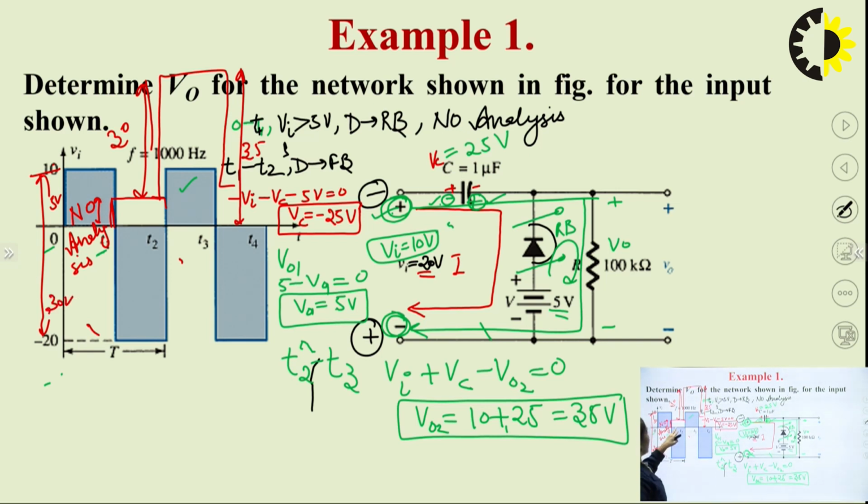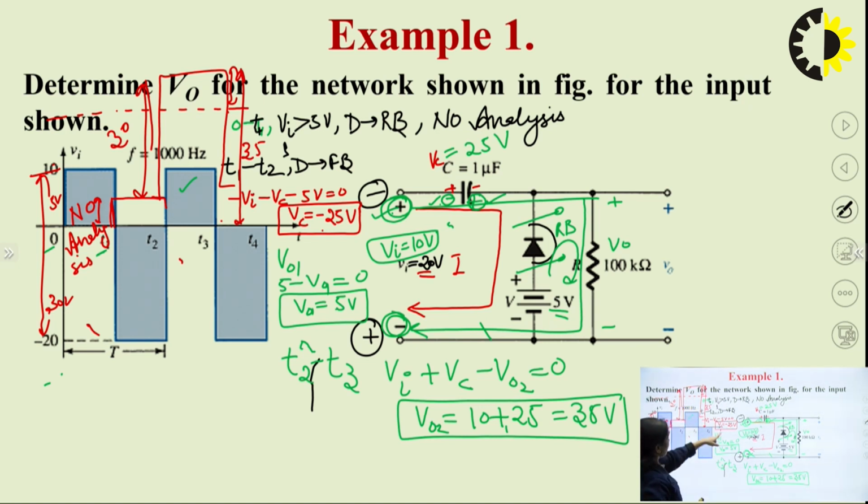Also, initially the DC level was this. Now Vc is equal to minus 25 volt. So initially the DC level was this; this was 10 volt and this was 20 volts.